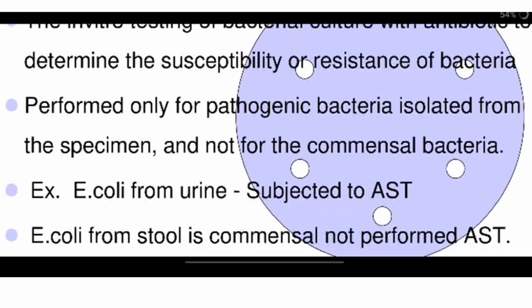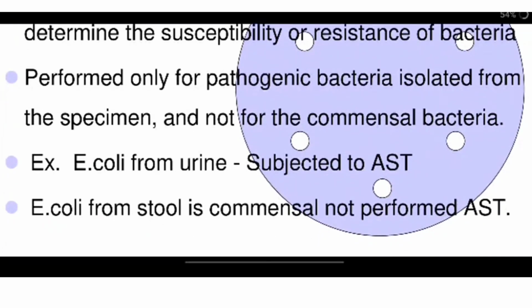It is performed only for pathogenic bacteria isolated from the specimen and not for commensal bacteria. It means it is performed only for the bacteria which can cause disease in humans and not for commensal bacteria. Commensal bacteria, as we all know, are the bacteria that are useful to humans.